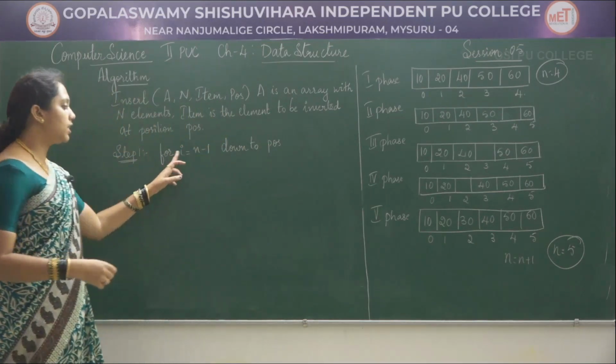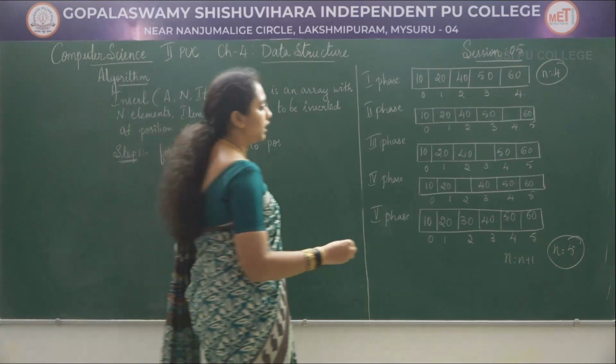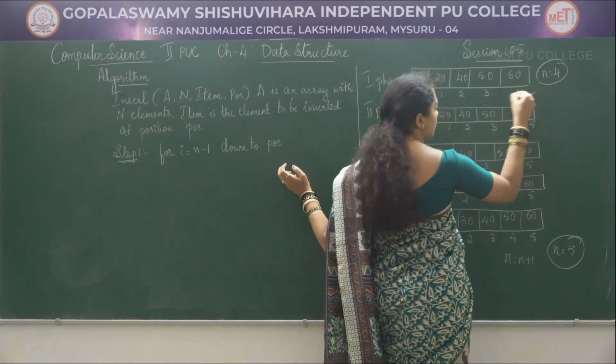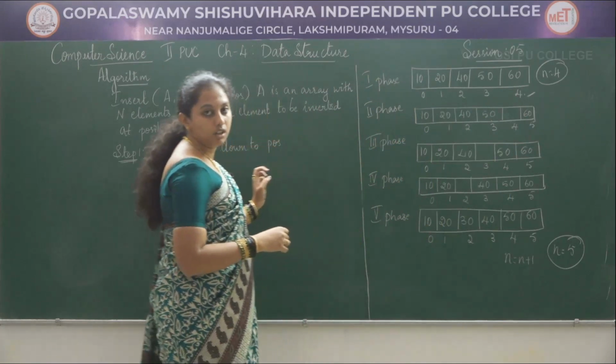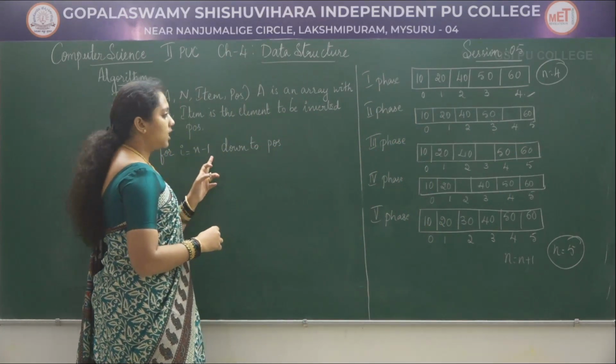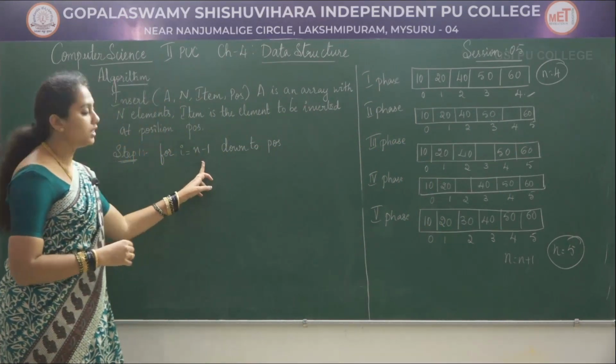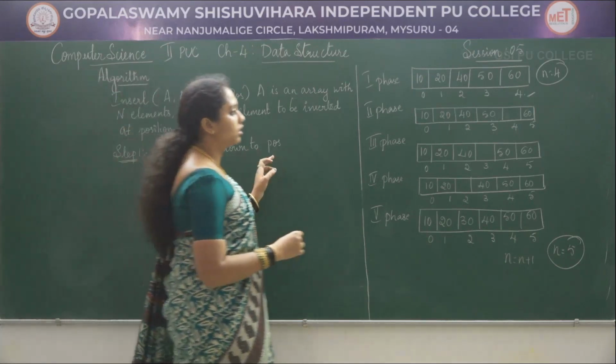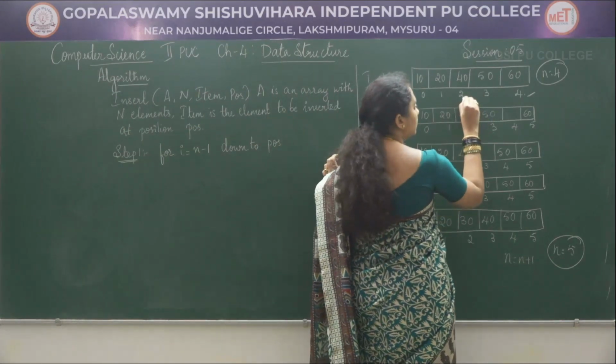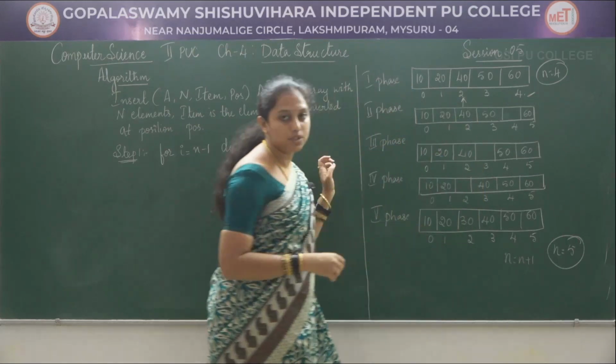For I is equal to n minus 1 is nothing but the last position. N minus 1 is the last position. Down to position means till the required position.